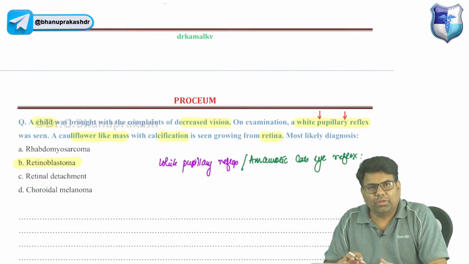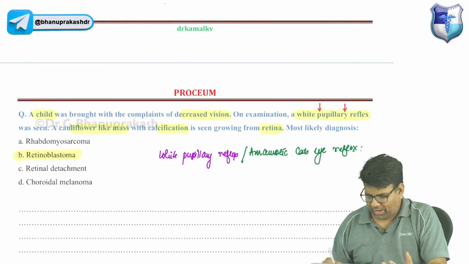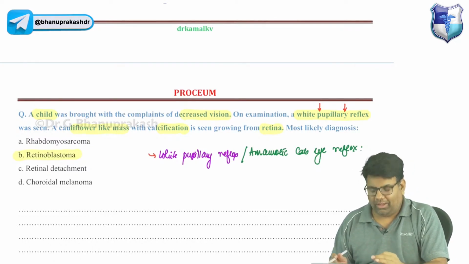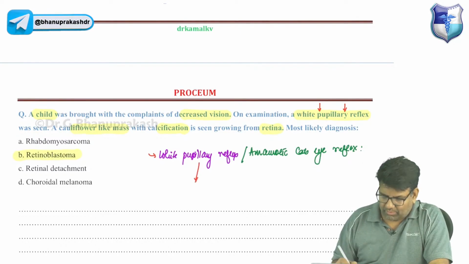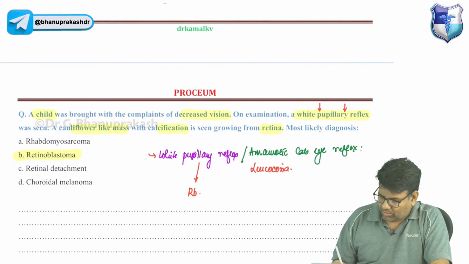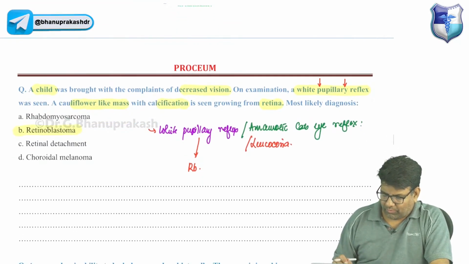But because of this tumor, that area will remain white. So that is known as white pupillary reflex or amaurotic cat's eye reflex, and this is one classical finding. The moment you find this word, the answer has to be retinoblastoma. Perfect. So please don't err on this, quite a straightforward question.